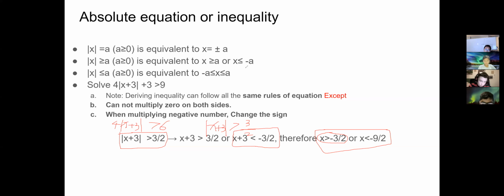In general, if we assume x plus 3 is greater than or equal to 0, we can remove it and try to solve for x. And don't forget, we come back to see if this is still satisfied. So this is a little bit tricky. The safest way is using the formula. You should be all safe, no mistake.